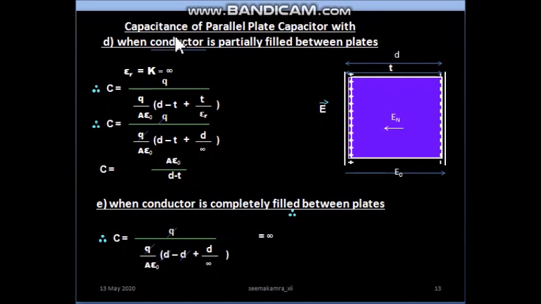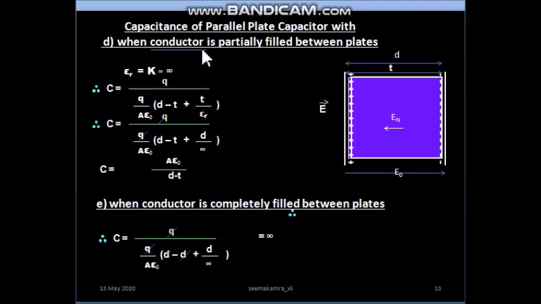Now we have the capacitance of the parallel plate capacitor with a conductor, partially filled and completely filled. So we will understand two cases for the conductor. Like we have already understood the capacitance for the dielectric, partially and completely filled, we will directly use those formulas.